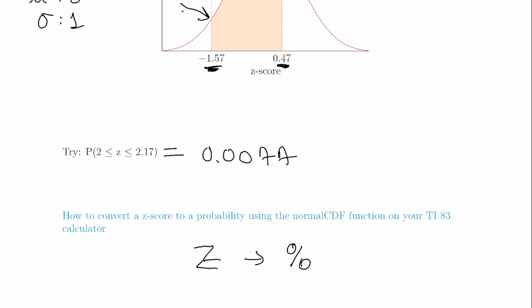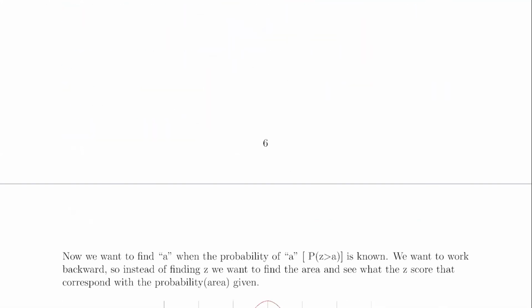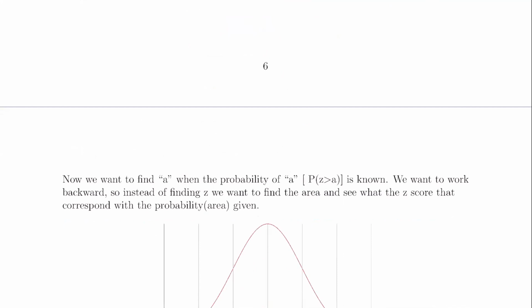For the next portion, we're going to start off with a percent, and we want to find what is the Z value that corresponds to that percentage. So we're going to be starting off with a percentage and finding the Z value that corresponds to it.